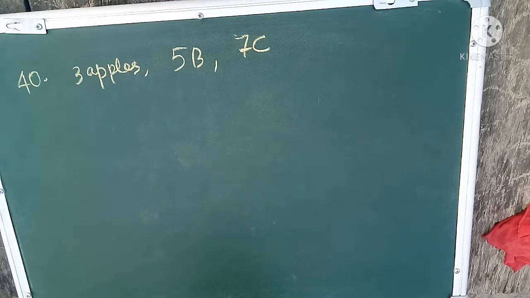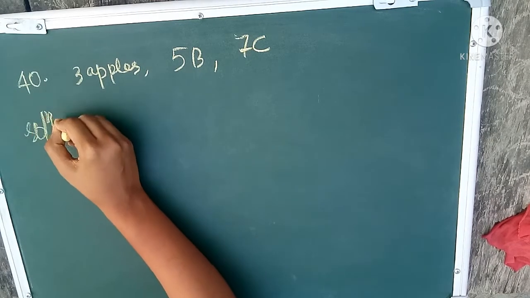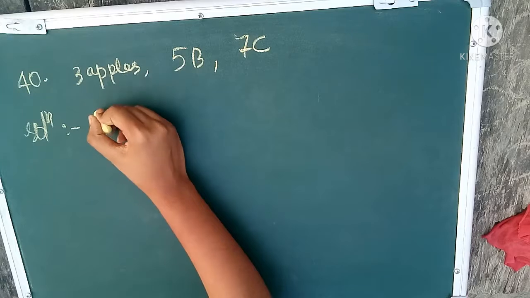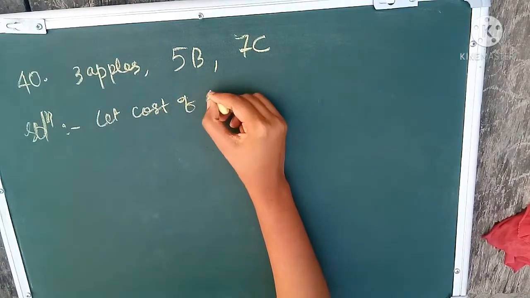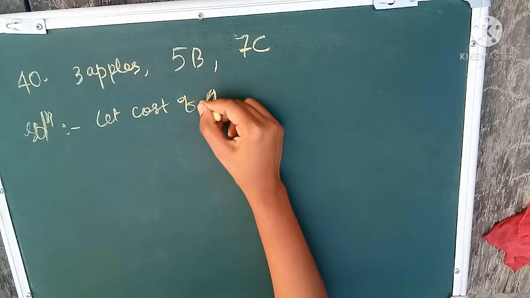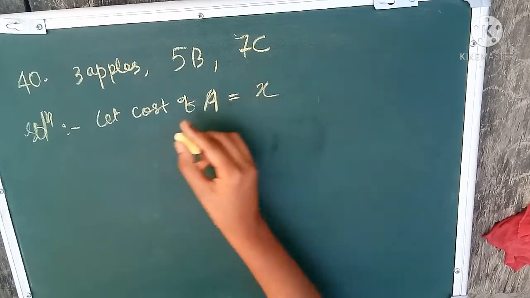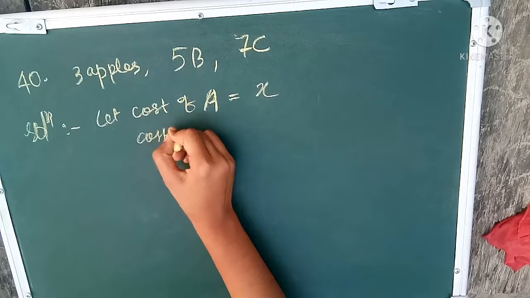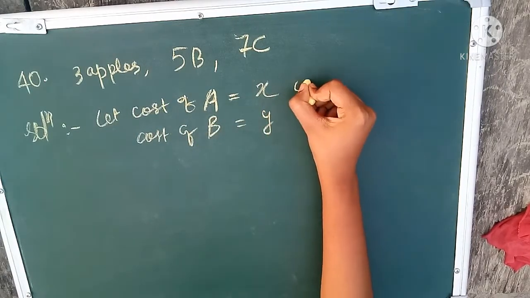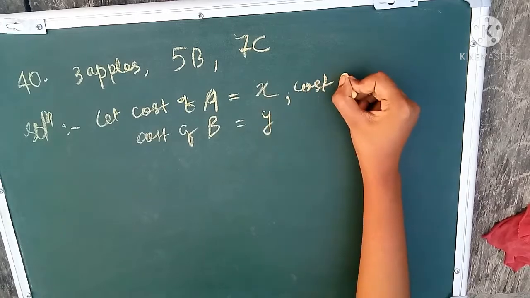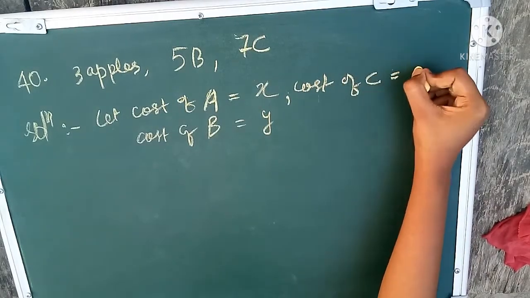The total cost of all these fruits is an even number. Let the cost of an apple be x, cost of a banana be y, and cost of a custard apple be z.